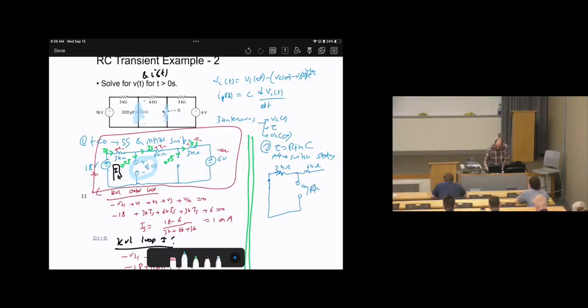The switch status will be closed. Remember that the switch will be closed, that's why we make it like this. Then 3 kilo ohms here remains. The 6 volts will be short circuit because it's a voltage source.